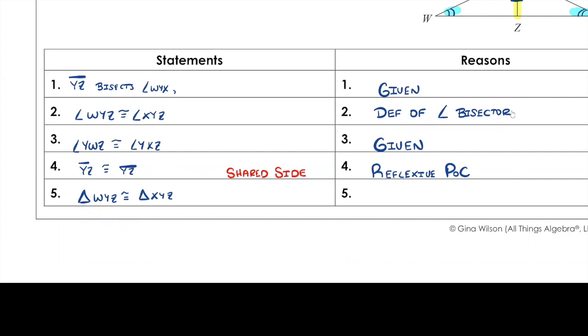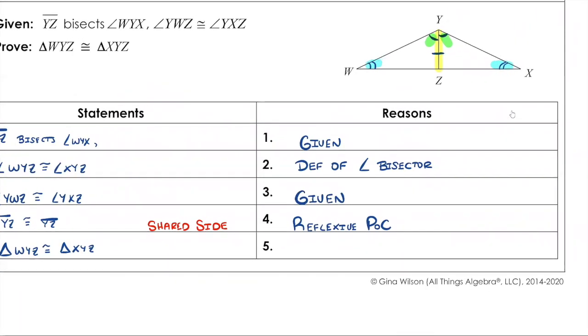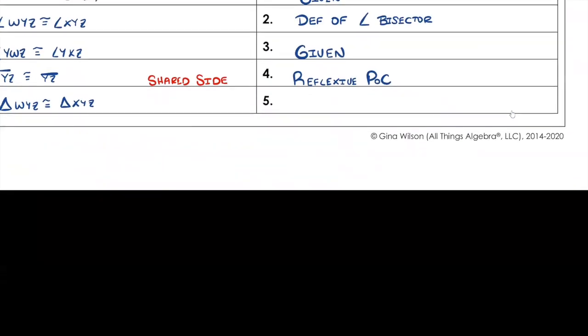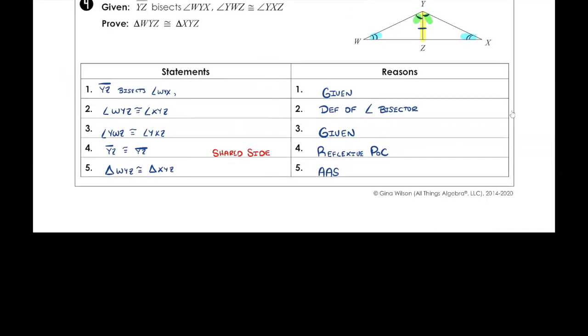Okay. So when I look at my diagram, is my yellow congruent side between my blue and green congruent angles? No. So which one are we using this time? Angle side. The 2 green ones up next to the line. Yep. Those are angles.